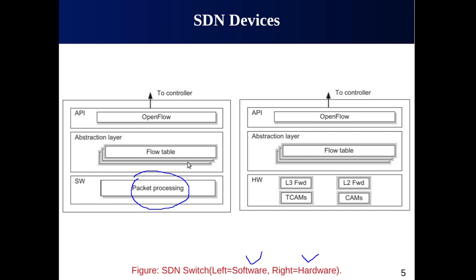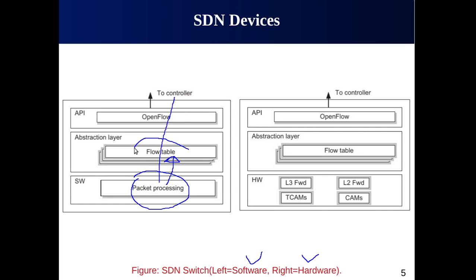So this is actually the device which contains three things: an API to communicate with the controller, an abstraction layer, and the packet processing. When a packet is received, packet processing is activated. It will find a match in the flow table. If a match is there, the packet will be forwarded. If there is no match, then it will consult the controller about what to do with the packet.